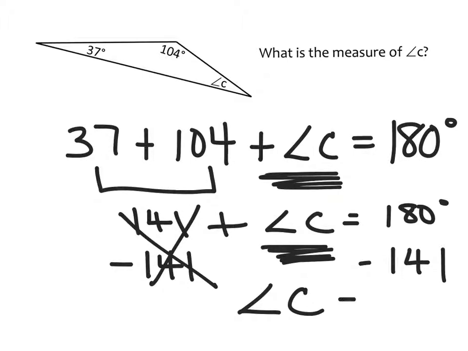So angle C will be equal to the difference between 180 degrees and 141. And if we do this subtraction, we will find angle C is 39 degrees. We've used what we've learned about the angle sum property of triangles to solve a problem, to find the measure of angle C.